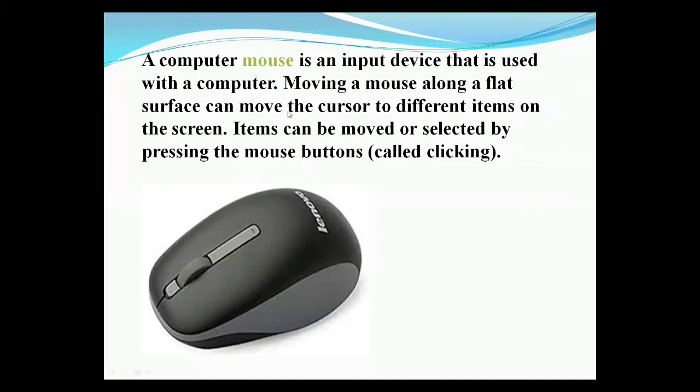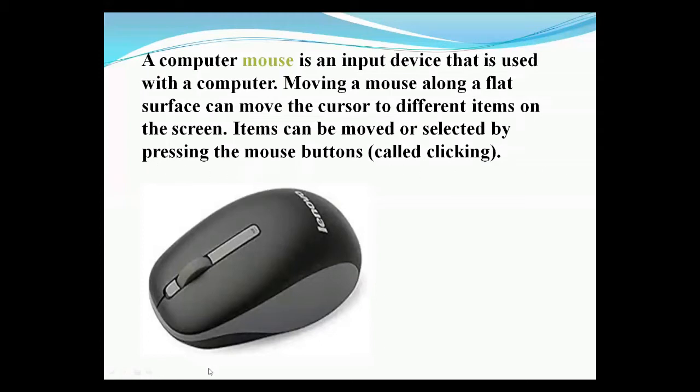Moving a mouse along a flat surface moves the cursor to different items on the screen. So on the screen, I can move the arrow from right to left and left to right. All of these functions can be done by the mouse. Items can be moved or selected by pressing the mouse button, called clicking.